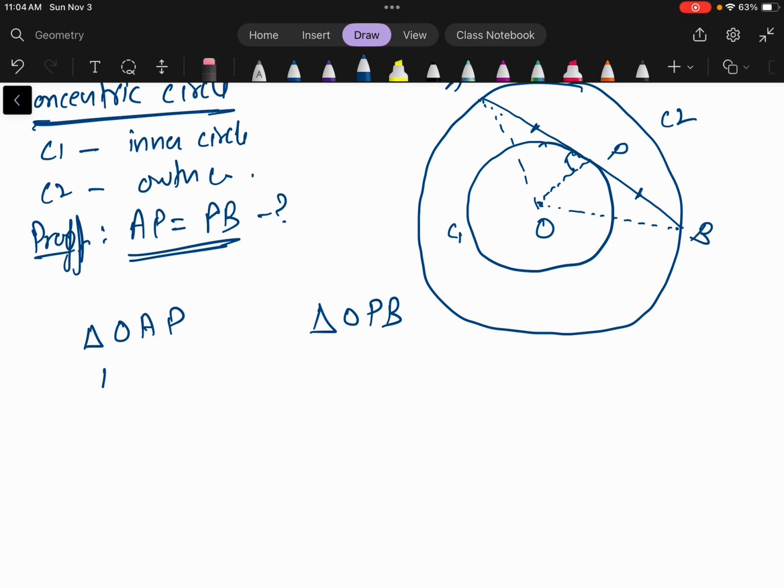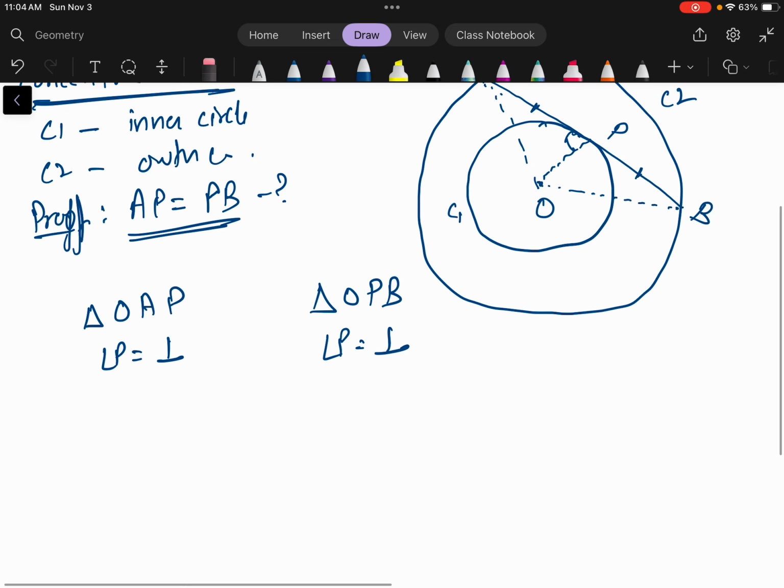In both triangles, angle P is 90 degrees. This is the radius of the bigger circle, so we'll denote it by capital R. The radius of the small circle is small r.